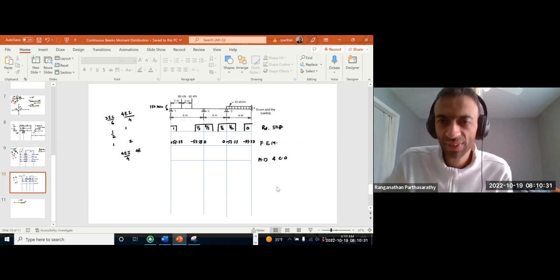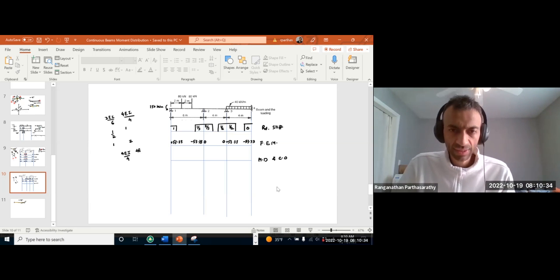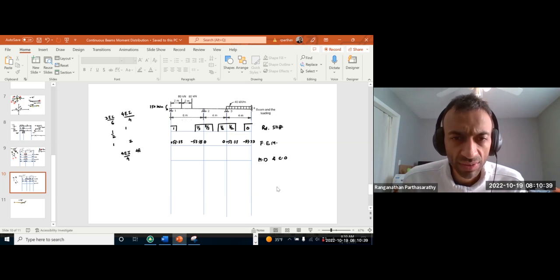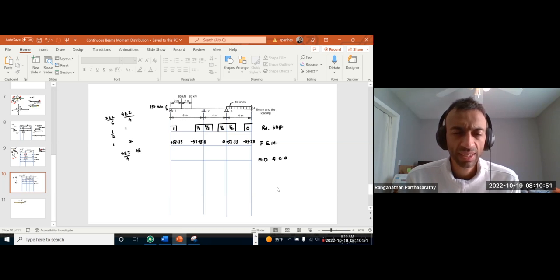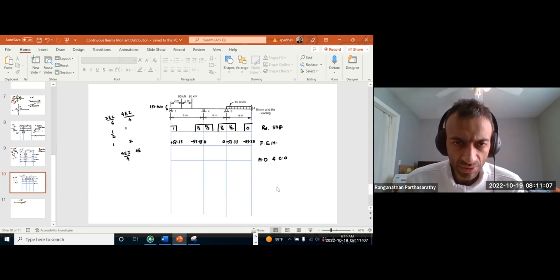Okay, so should be okay. Okay, now moment distribution. So see the first one, we have positive 53.33, but what we need is only the 150 kilonewton meter on the other side. Therefore on this side we should be having also 150.